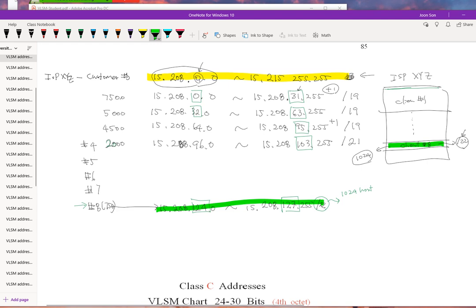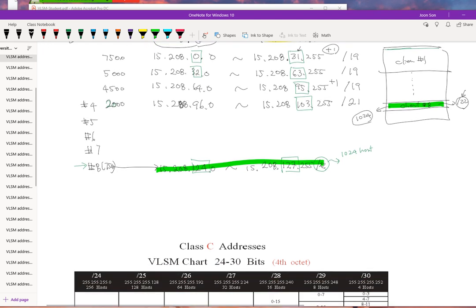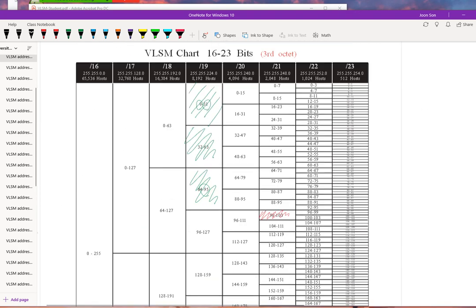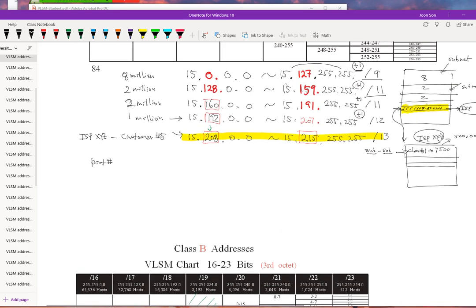So in essence, let's look at the class C, right? We are going to divide this network into many different pieces. Theoretically, each one we have to call a sub network, because starting from this, each of them is called a sub network.